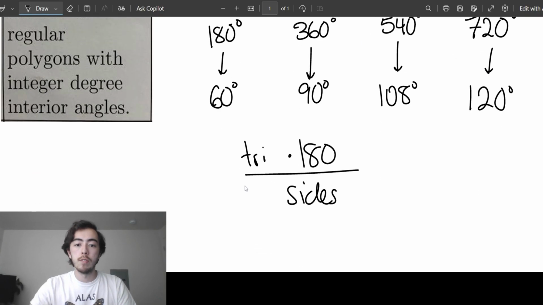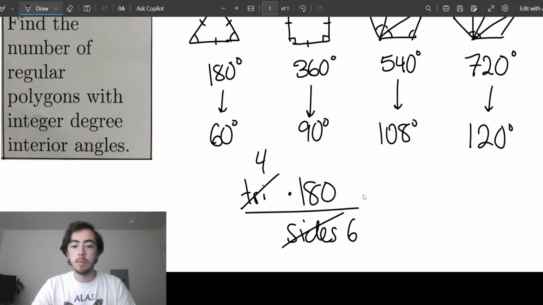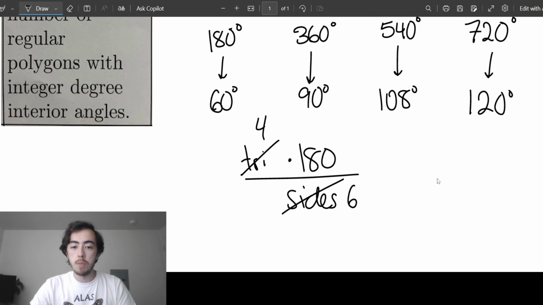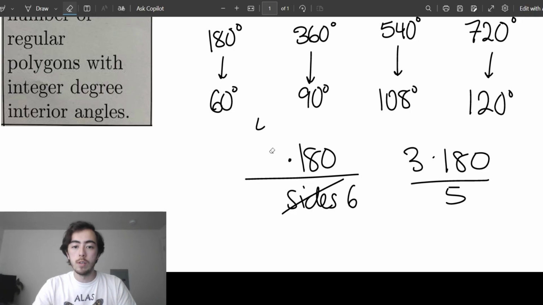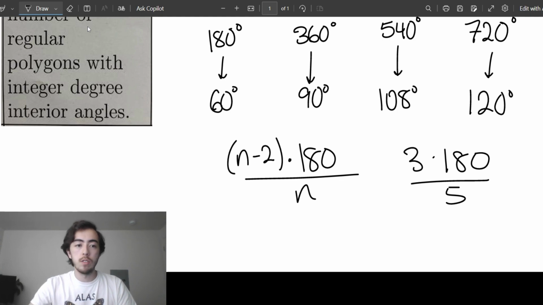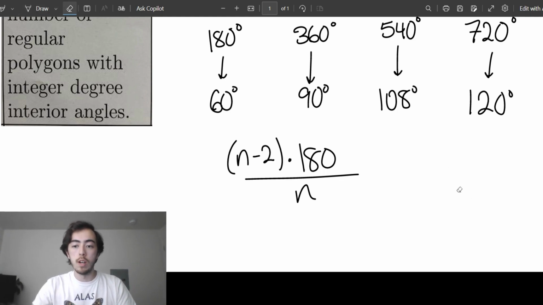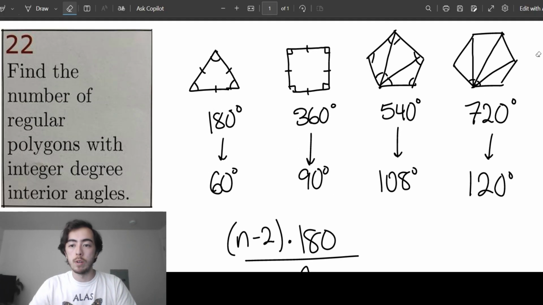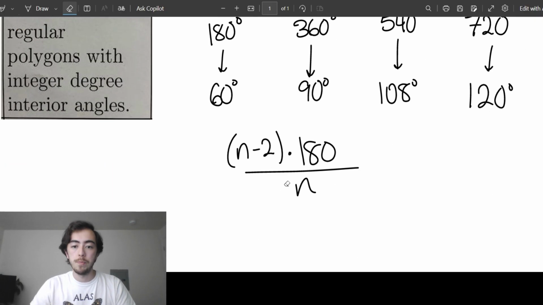So we would have 4 triangles right there for a 6-sided shape. If we wanted to try it with a pentagon, we had 3 triangles for a 5-sided shape. And so essentially, if we have, say, n number of sides, we're always going to have n minus 2 number of triangles that form our regular polygon.